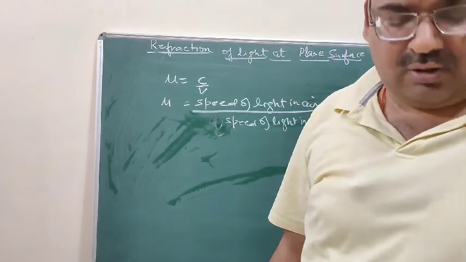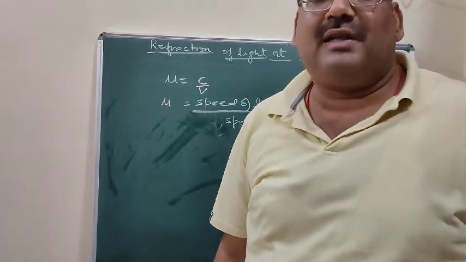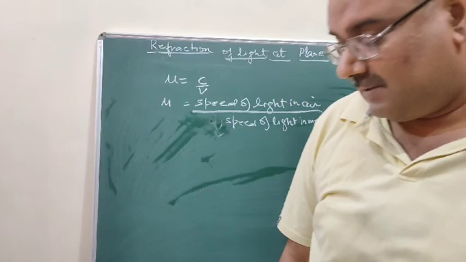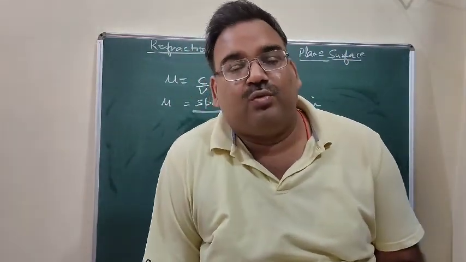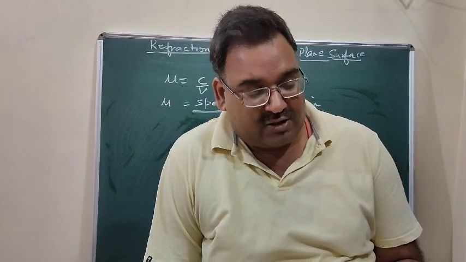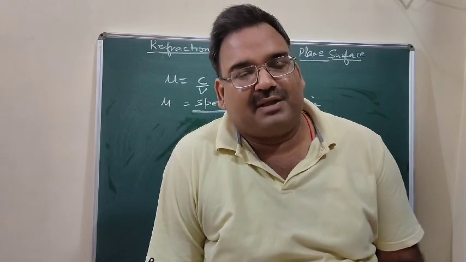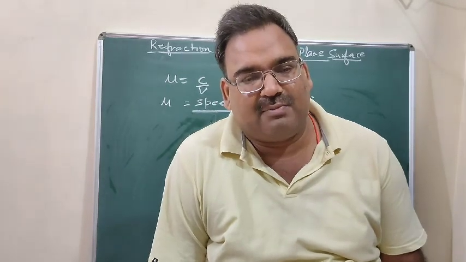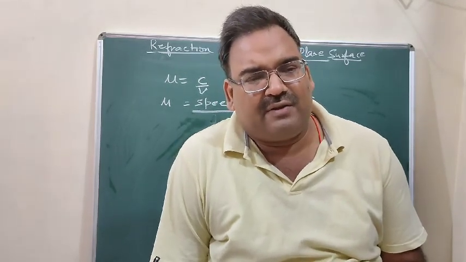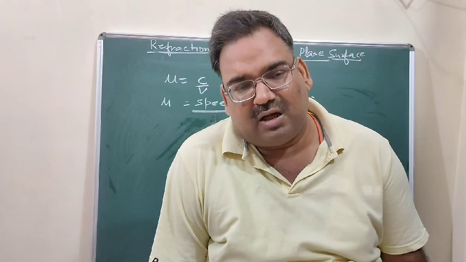So let us take an example. Suppose the speed of light in glass is 2 into 10 raised to power 8 meter per second. Then we will find out the refractive index of the glass.